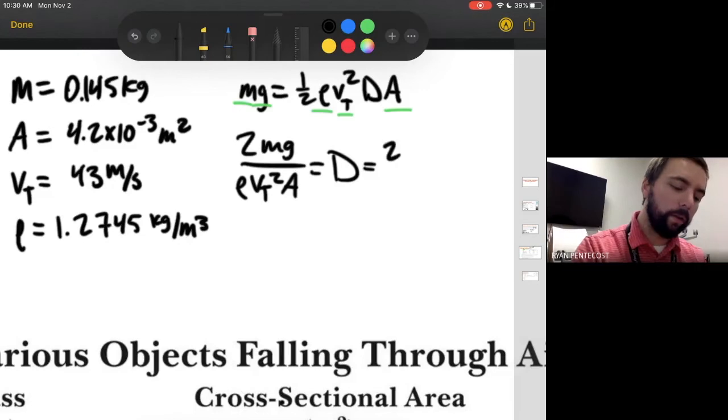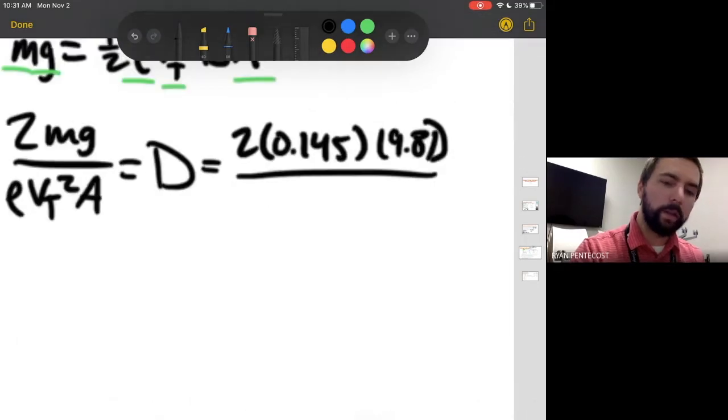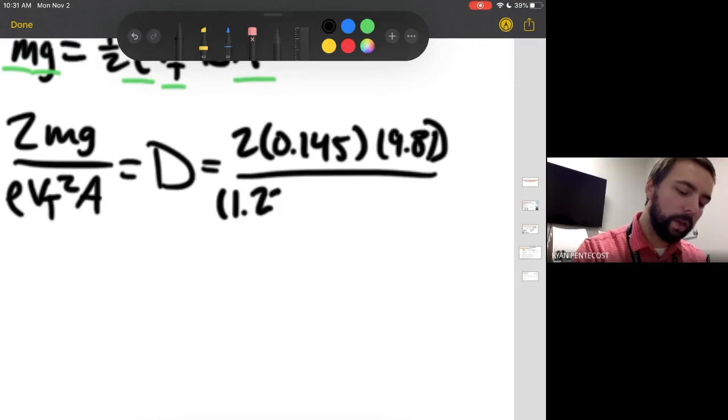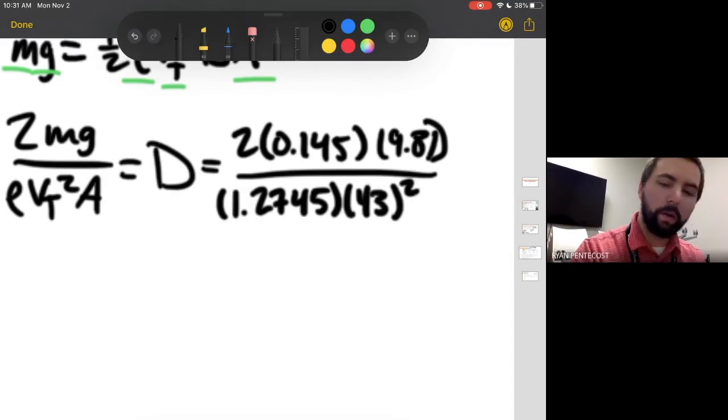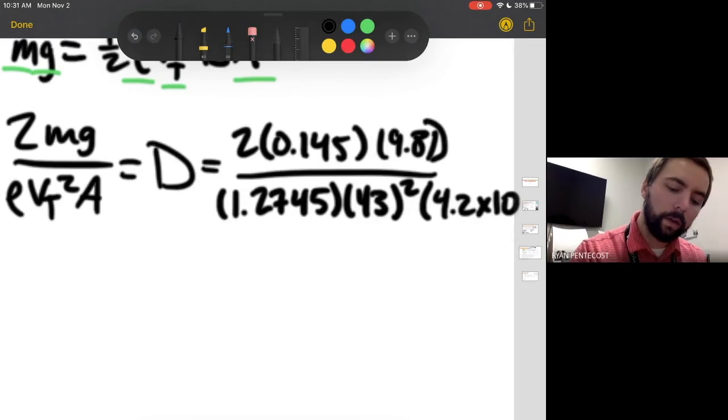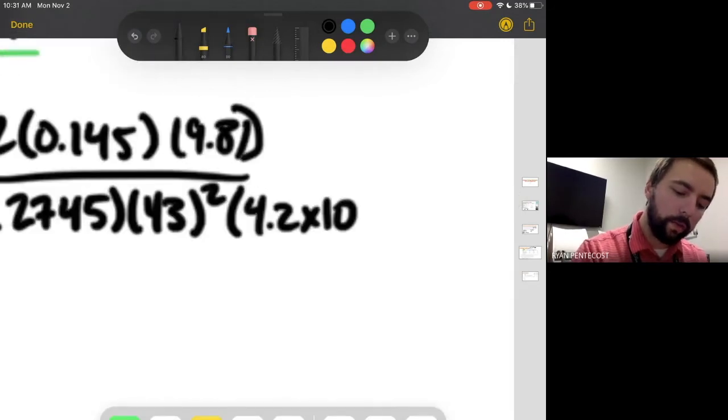Now let's put our numbers in. We've got 2 times 0.145 times 9.81, divided by our density, 1.2745, our velocity, 43, then square it, and then our area, which was 4.2 times 10 to the negative third.